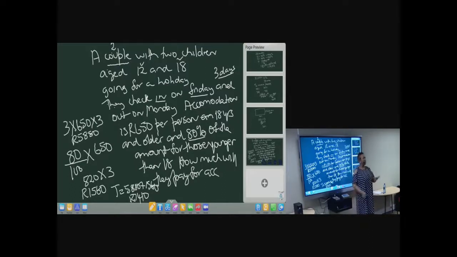They will ask you, now you have mastered percentages, but what is the difference in the amount of so and so? So whenever they are asking about the difference, after you have done all the calculations, you will subtract. They will ask you what is the total amount. When they're saying total, it means after you have done everything, you add up everything.